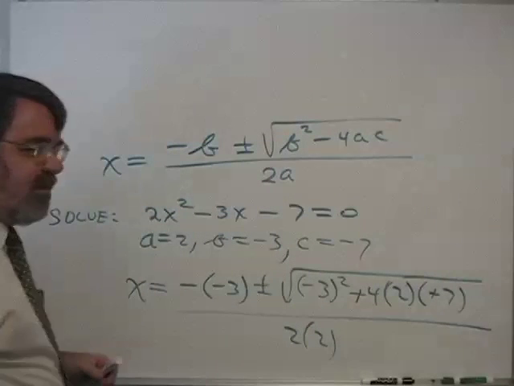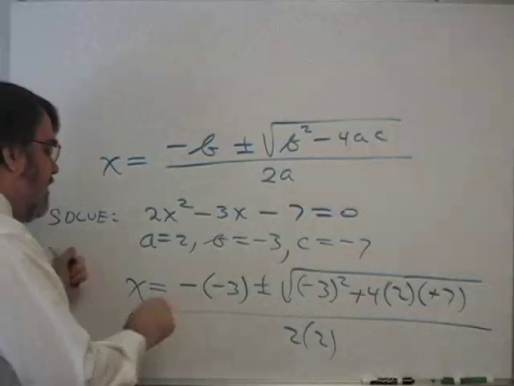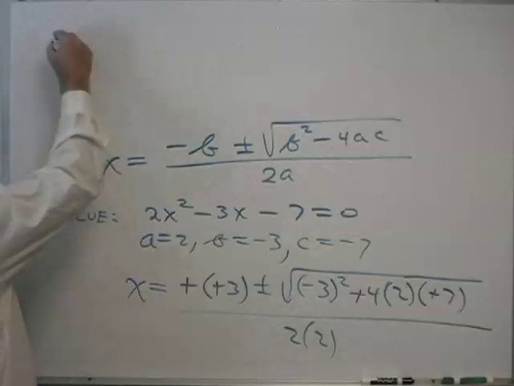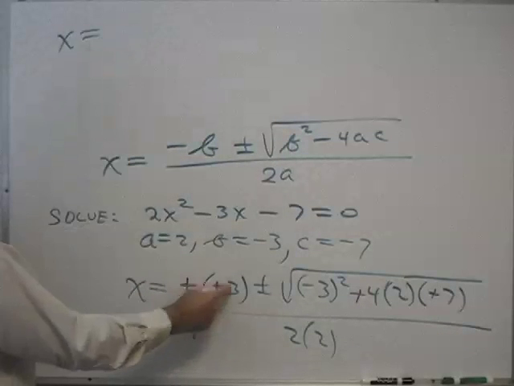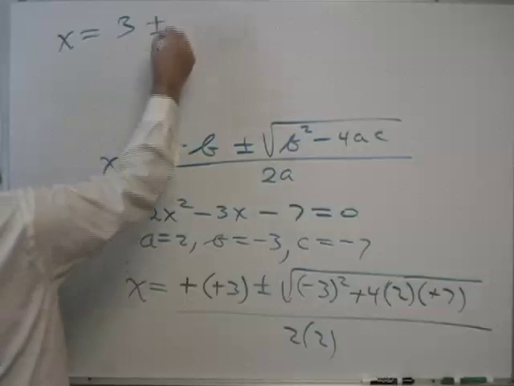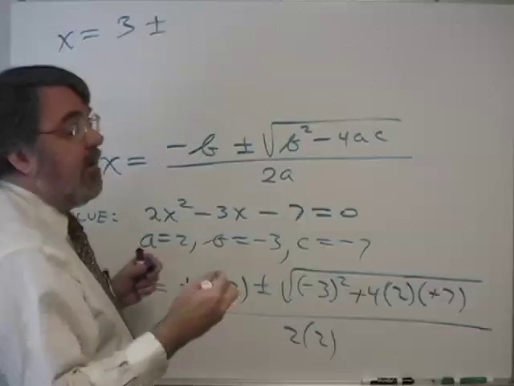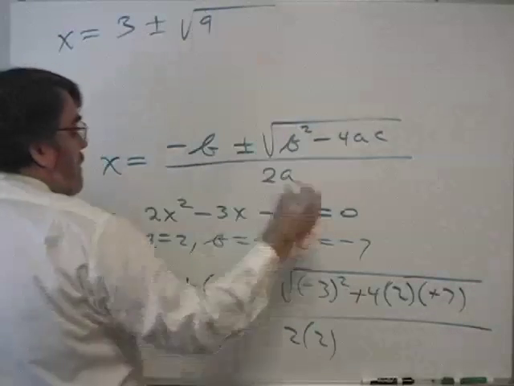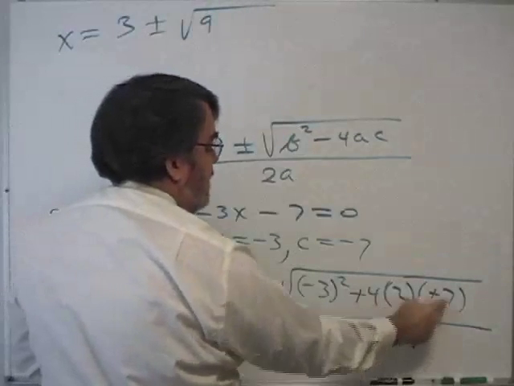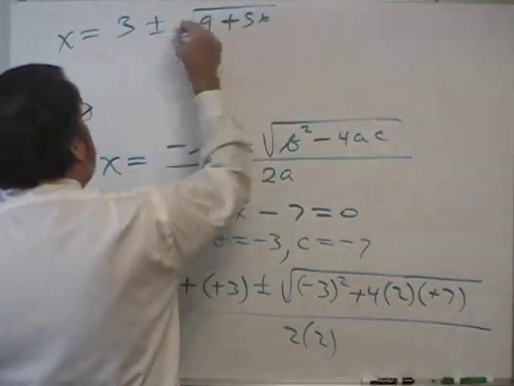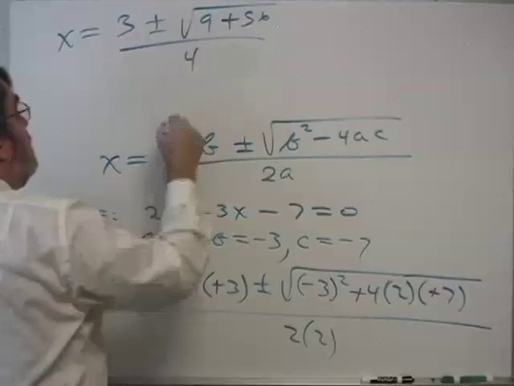Also, the negatives canceling would be over here. Those 2 negatives cancel. So let's see what we got. We have x equals positive 3 plus or minus the square root of, and this is positive 9, because we're squaring the negative. So 9, and then plus 56, divided by 4.